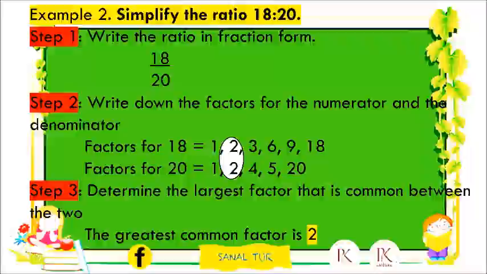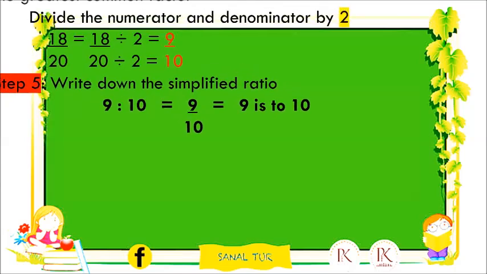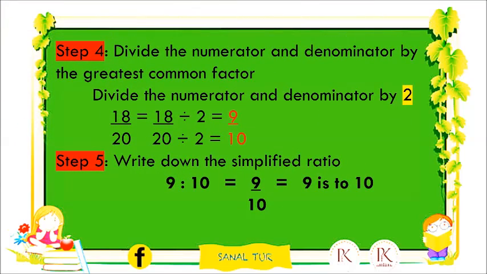What are we going to do next? Okay, step number 4, divide the numerator and the denominator by the GCF, or the greatest common factor. So 18 over 20. 18 divided by 2, how many 2s do we have in 18?